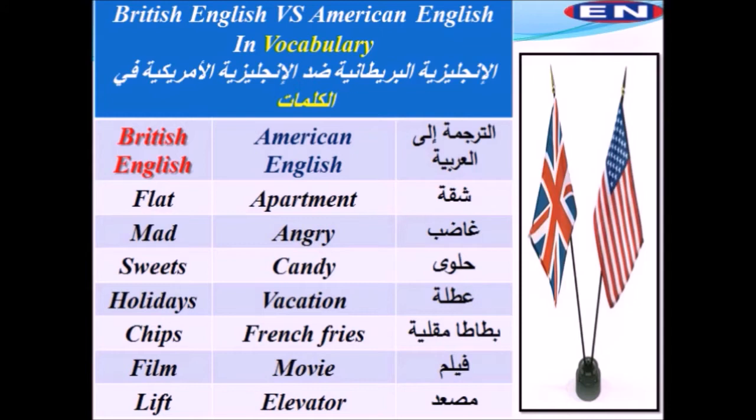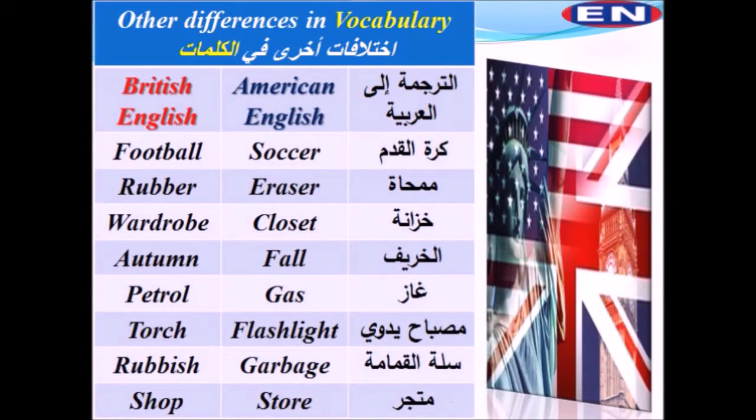Another word, film, in British English. In the American one, they say movie, which means film. And the last word we have is lift. In American English, they say elevator, which means مصعد. Let's see some other differences in vocabulary between these two accents with their meanings in Arabic.